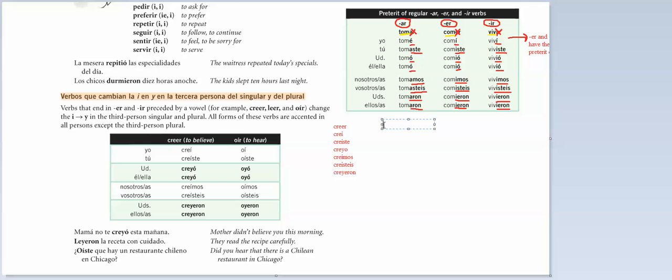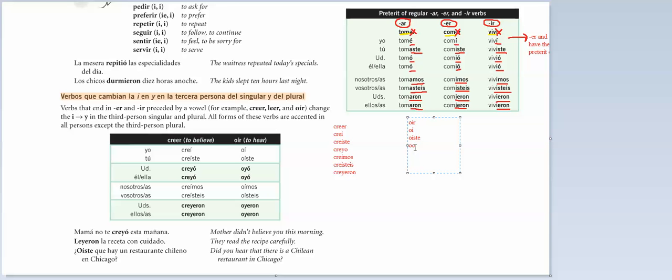The same thing would happen with oír, which they show you as an example. Oír would be oí, oíste. And see, if I did what I was supposed to, there's three vowels next to each other, o-i-o, too hard to say.